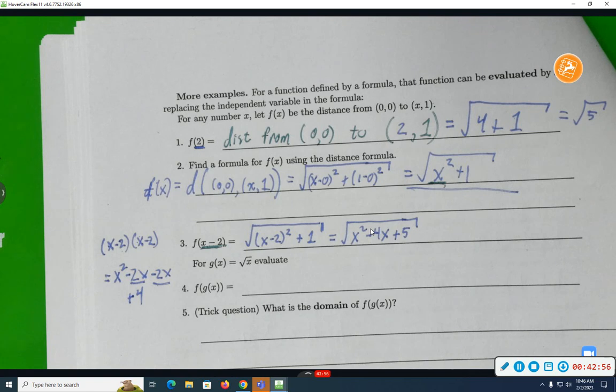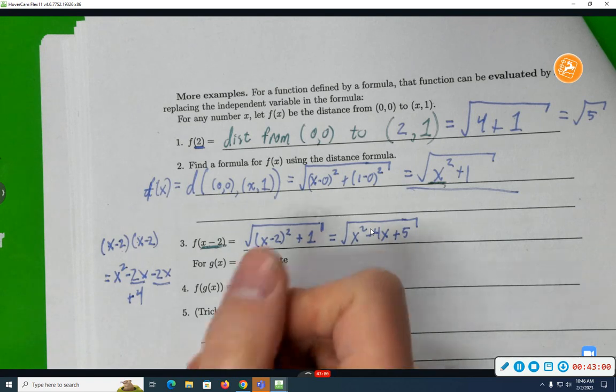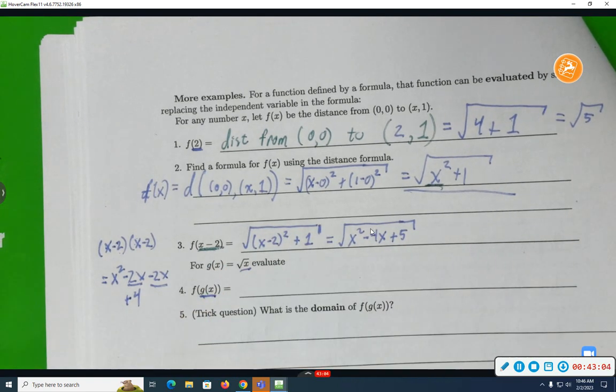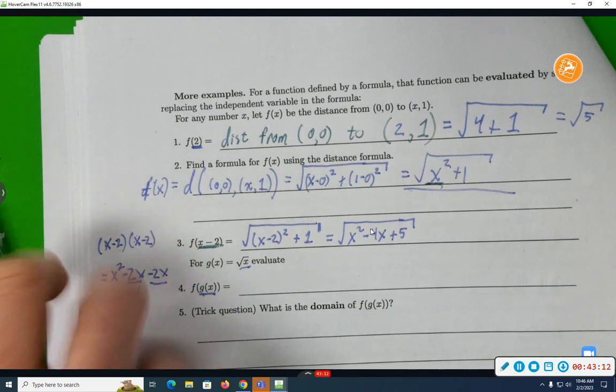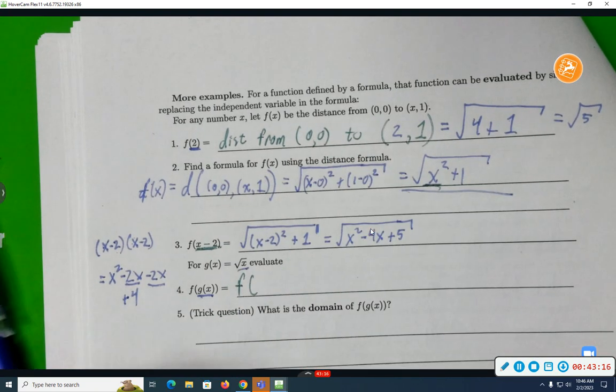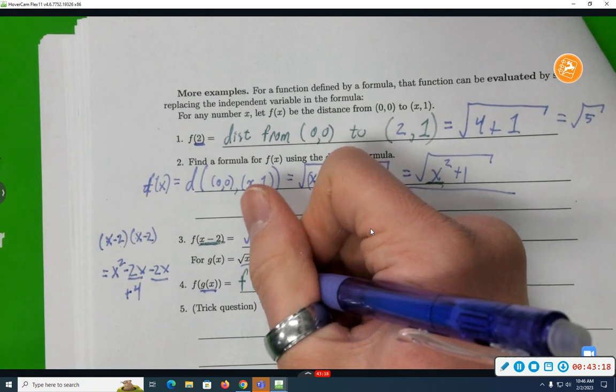But sometimes it's useful to do that. If we take g of x to be the square root of x, then we can evaluate the composition function, f of g of x, by plugging in the square root of x where we see that x. So this will be f of root x.